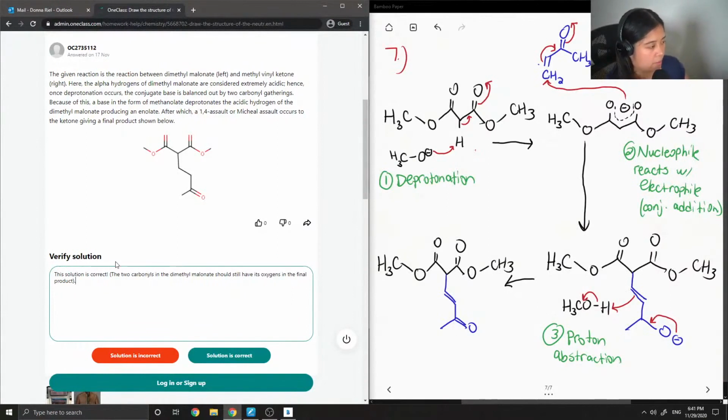Yep, so the explanation was correct. I just added that the 2 carbonyls in the dimethylmalonate should still have its oxygens in the final product.